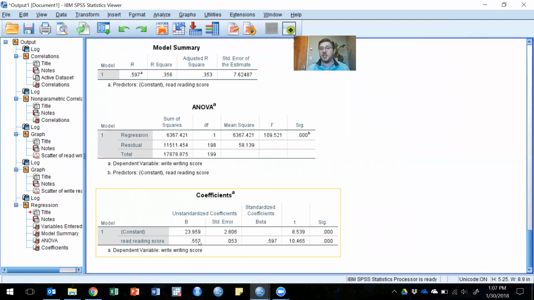So this was our slope, and then our constant here is our regression constant, or where the line crosses the y-axis. This would be the predicted writing score when reading score is 0.